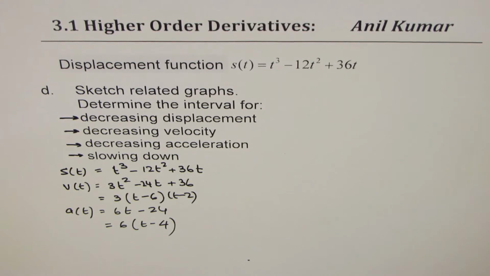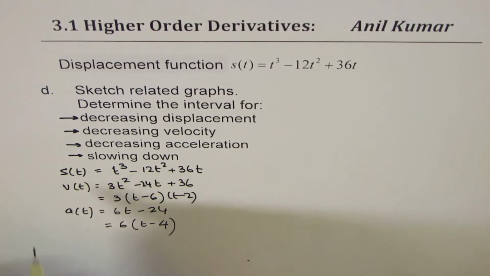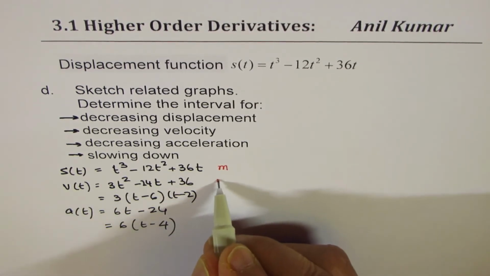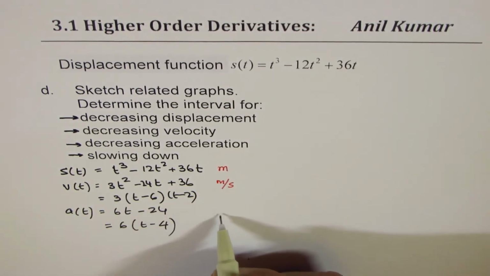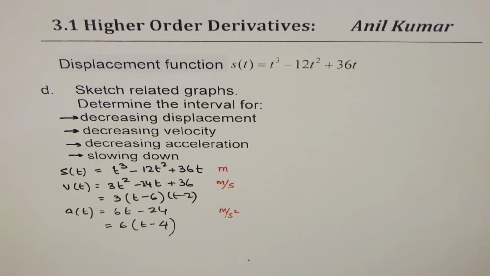So we get all these derivatives. You should also take care of units. When we talk about displacement, then the units are in meters, velocity is meters per second, acceleration in meters per second square, right? This is very important. So what I will do here is kind of sketch them in one particular graph overlapping.